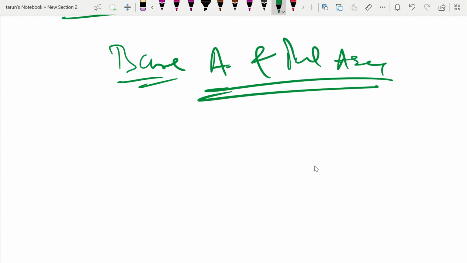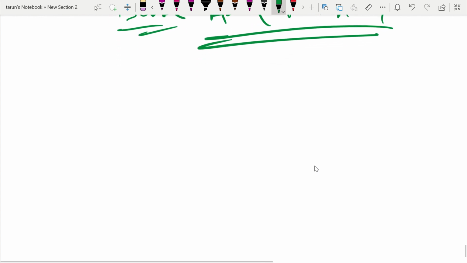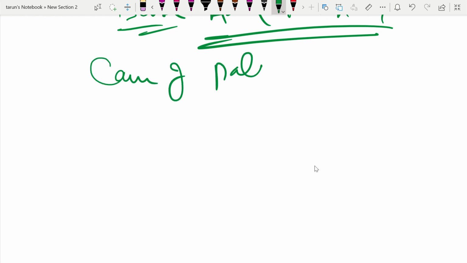Common causes of palpitation. Palpitation means abnormal, unpleasant awareness of one's own heartbeat. What are the common causes of palpitation?